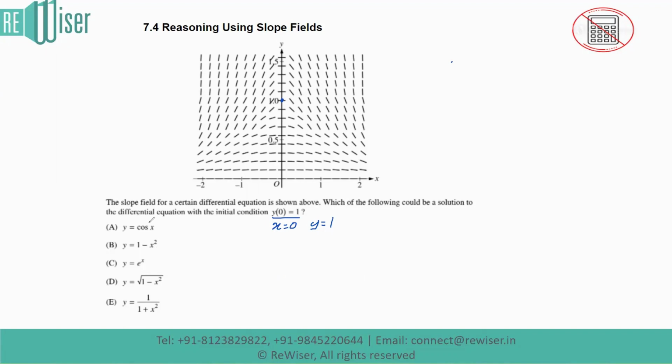So can it be cos x? That is the first thing we need to think about. If I talk about the graph, how would the graph look? If the curve is like this, the tangents drawn at various points of this curve would look something like this.